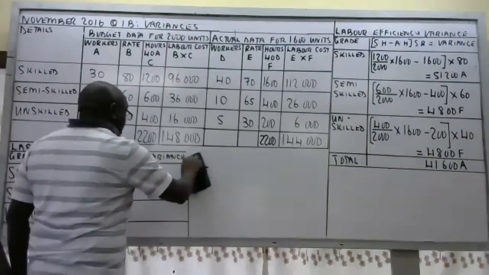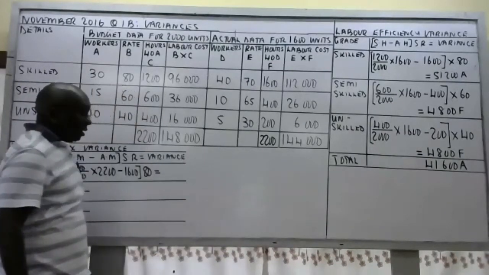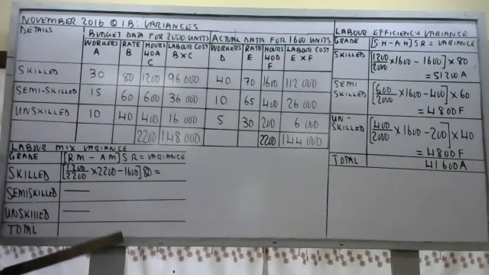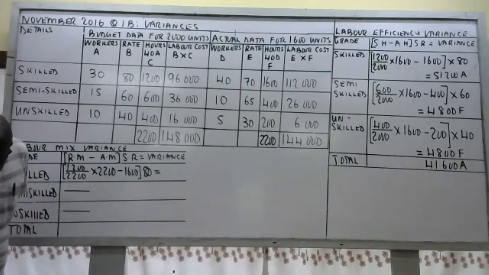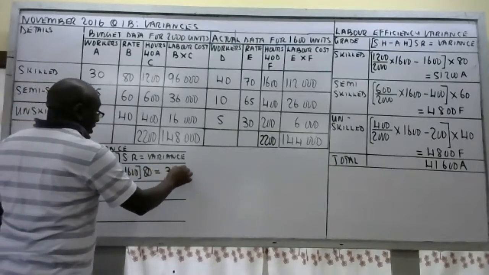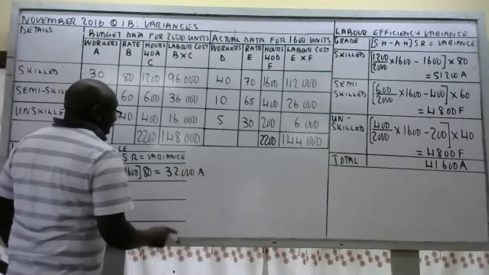Obviously this cancels, so it is 400 times 80, that is 2,000 adverse.